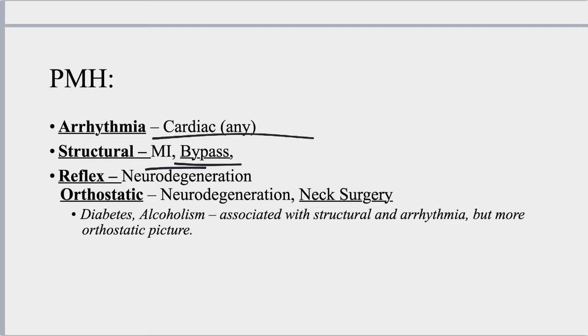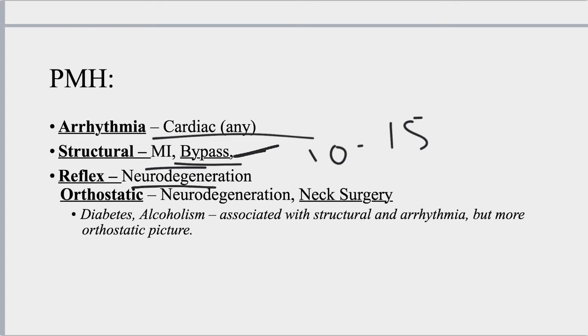It happened because a person had a saphenous vein bypass graft about 10 or 15 years ago, and the saphenous vein became very dilated and started pressing against the ventricle, preventing it from completely filling. Then, in the state of being drunk on alcohol, dehydrated, and vasodilated, the person had syncope. So he had a mix of structural and orthostatic syncope.